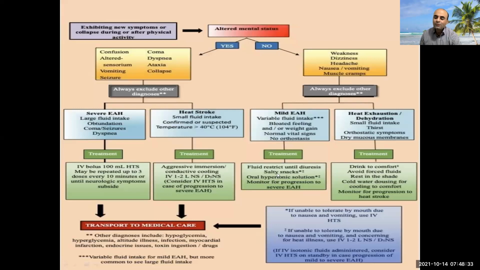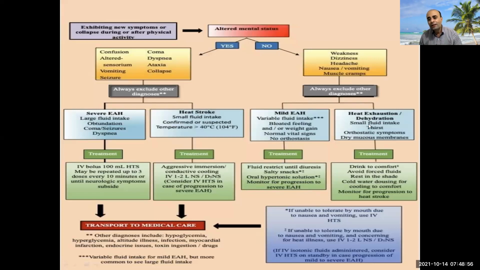You can give salty snacks, normal sodium chloride tablets, or salty foods, or oral hypertonic solution, and monitor for progression to severe exercise-associated hyponatremia. This is the patient with mild exercise-associated hyponatremia.